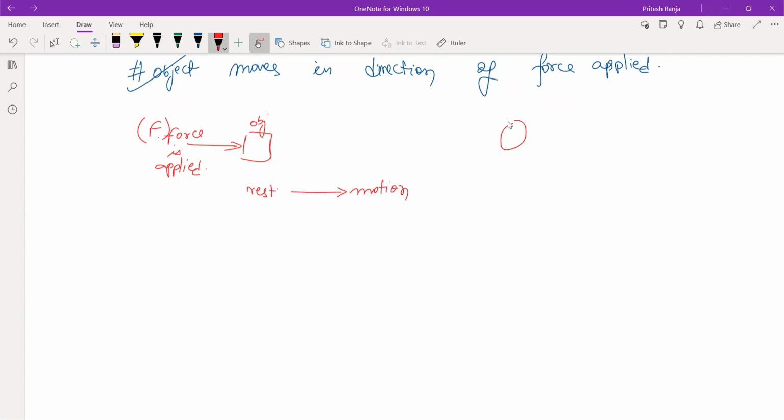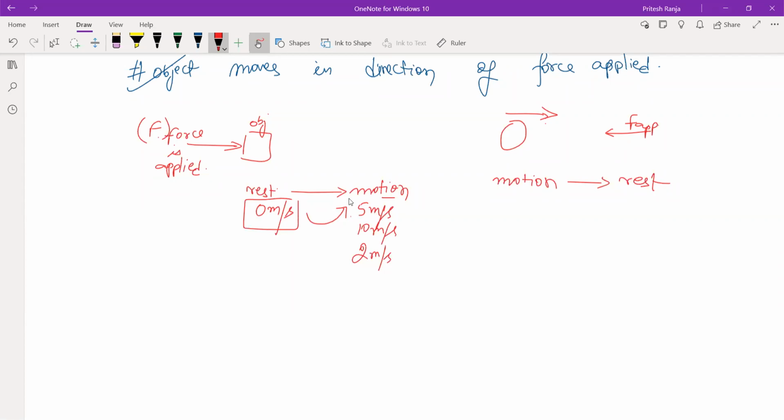Let us suppose a ball is moving and you have applied force. Of course you will apply it in the opposite direction to stop it. So the object was first in motion, then it comes to rest, right? Because you are applying force to stop. So what is observed? If the object is at rest, that means 0 meter per second, and we applied force, then the speed of the object increased, and that is something like 5 or 10 or 2, but definitely the object's speed is increased.